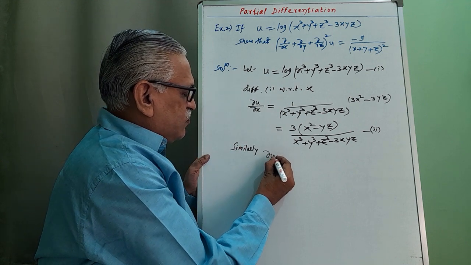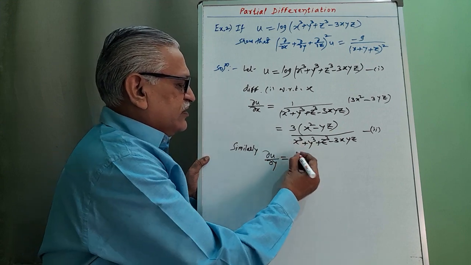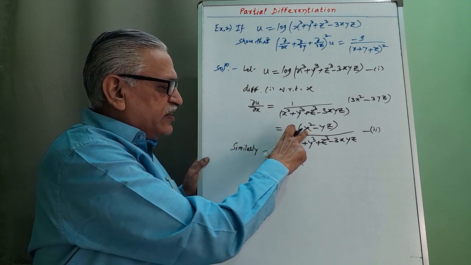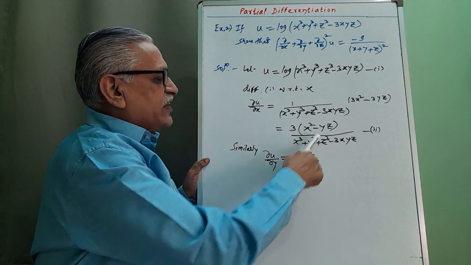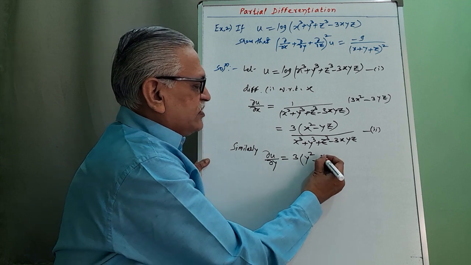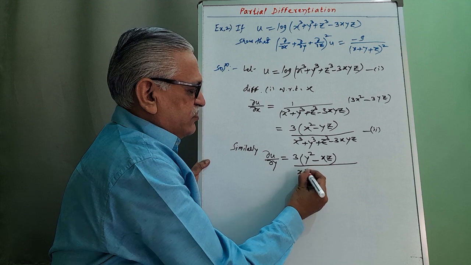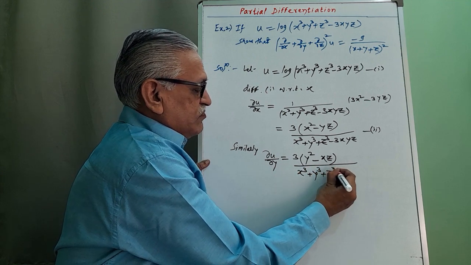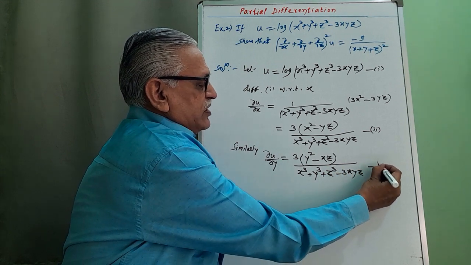Differentiating u with respect to y, keeping x and z constant, we get 3 times: for differentiation with respect to x we got a term of x squared, here we get a term of y squared, and the second term without y, meaning xz, whole divided by x cube plus y cube plus z cube minus 3xyz, as equation 3.